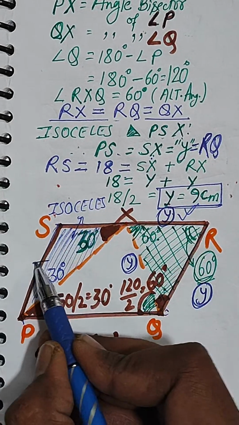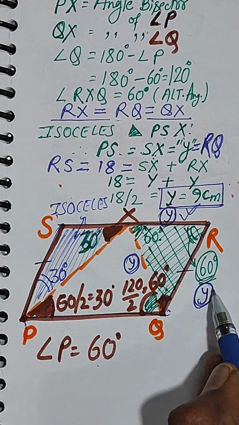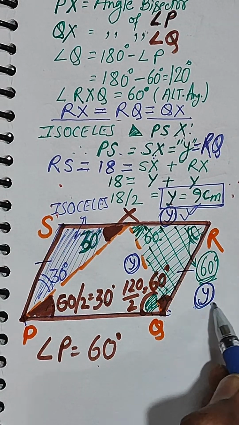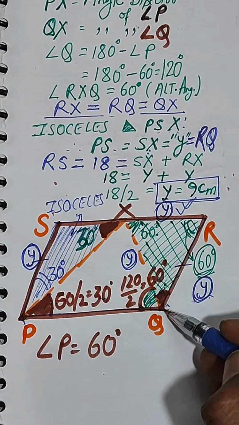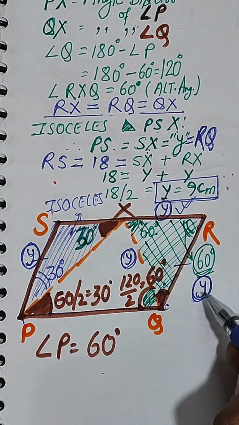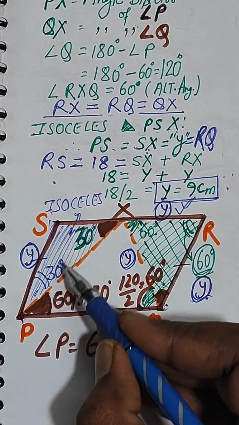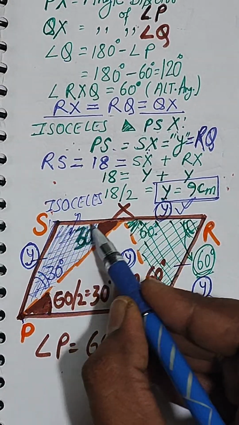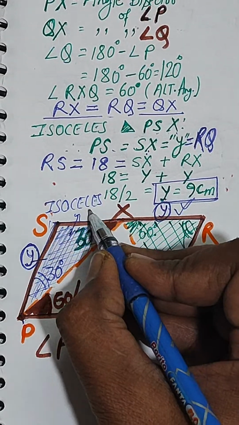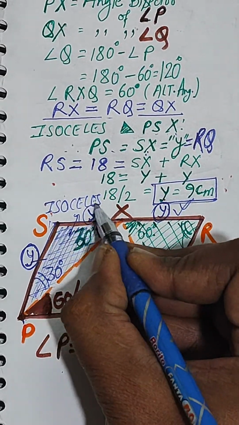But this PS will be equal to RQ, whose length we have assumed as y. So SP is equal to y, and this triangle is an isosceles triangle, right? So SX is also equal to y.